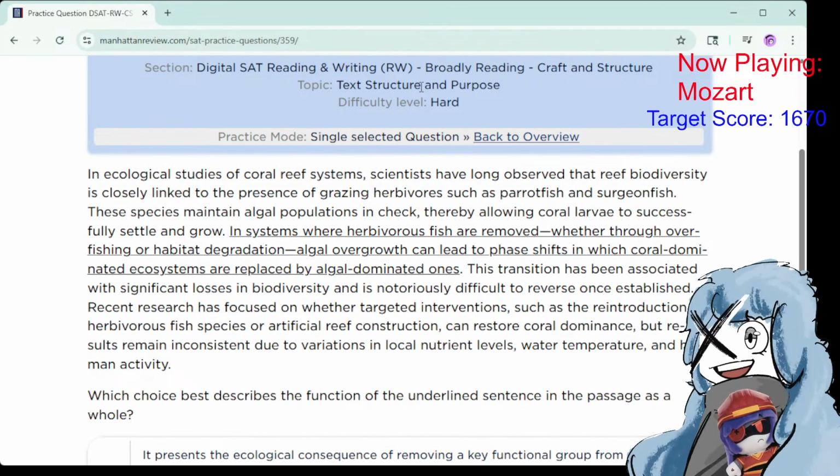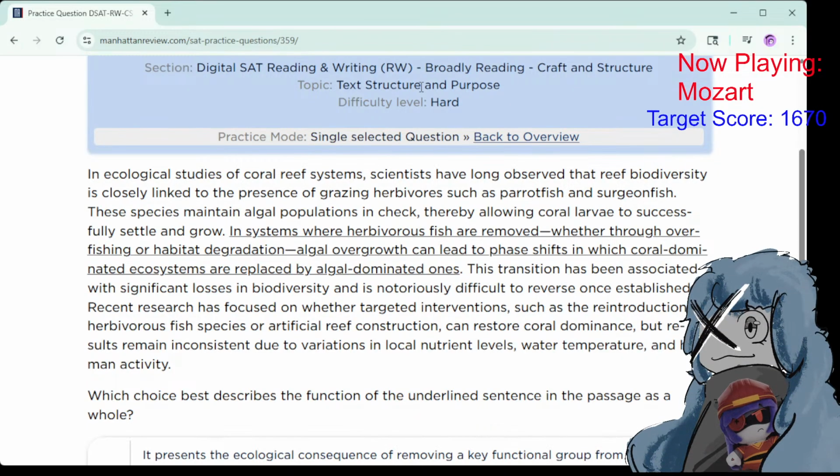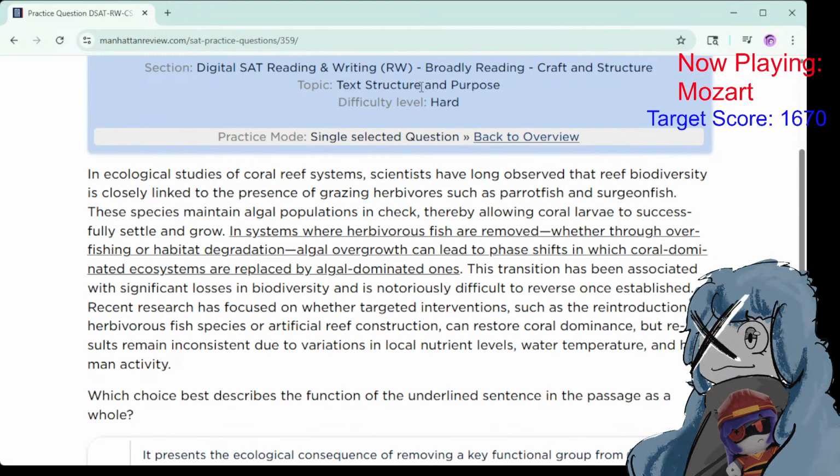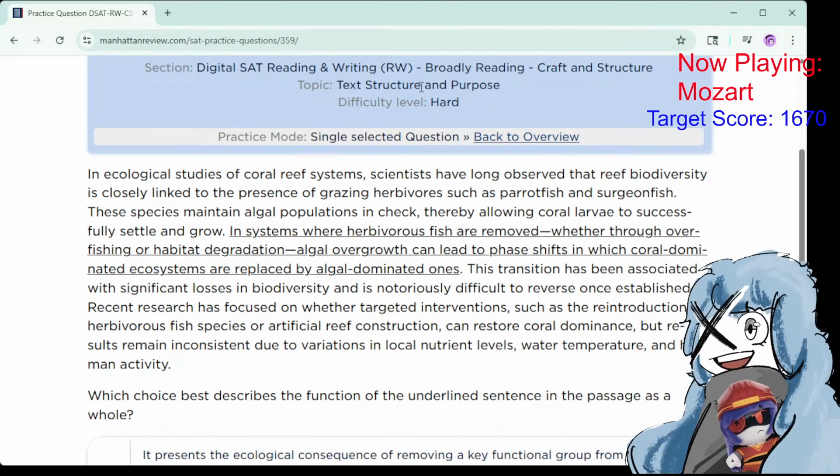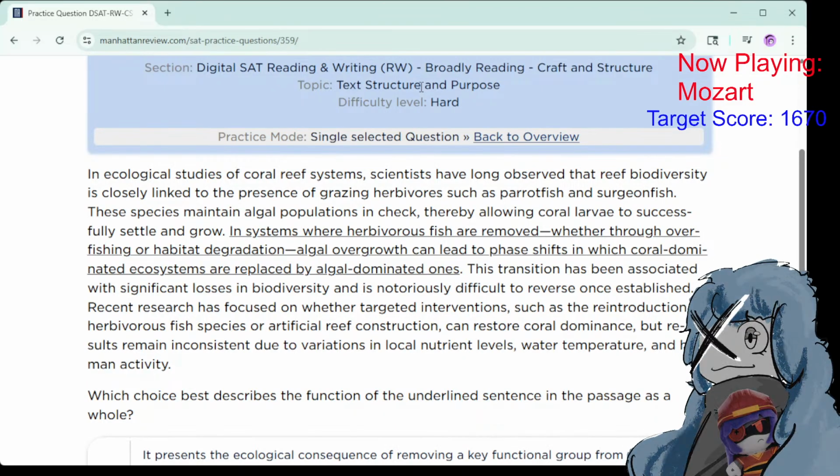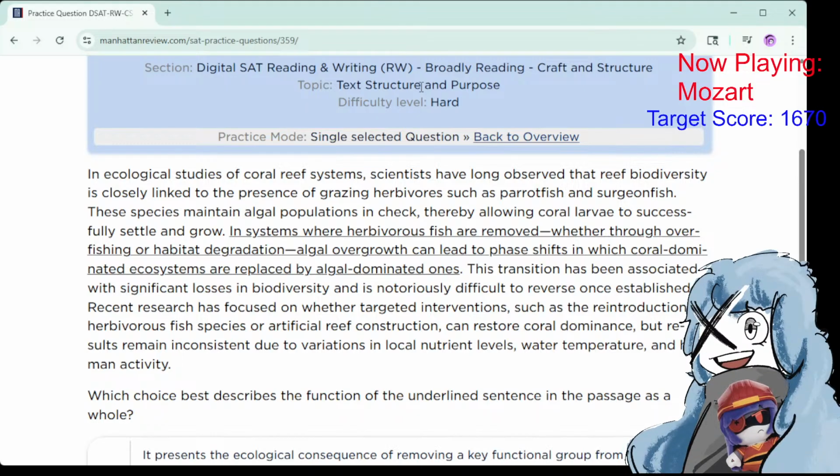So the coral ecosystem is closely linked to the presence of grazing herbivores. These species keep algae populations in check, therefore allowing coral larvae to successfully settle and grow.